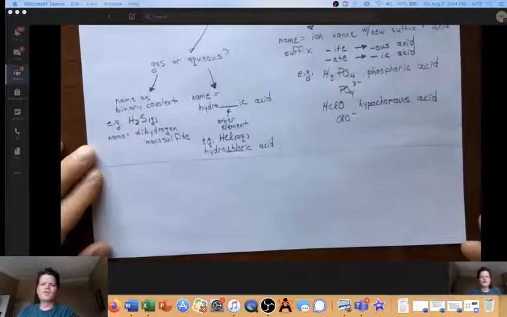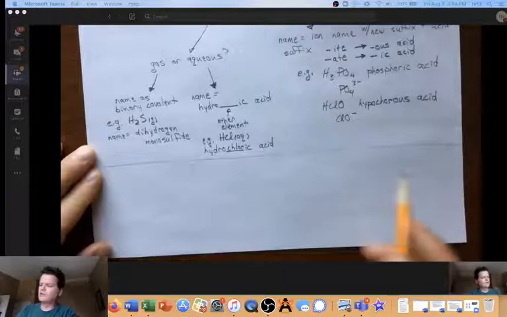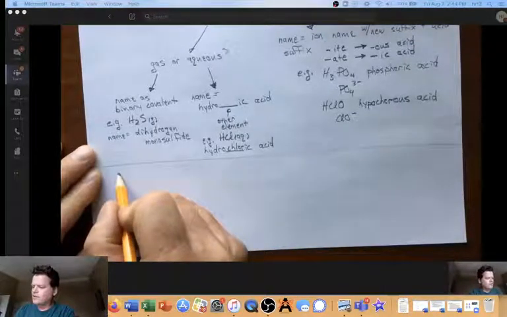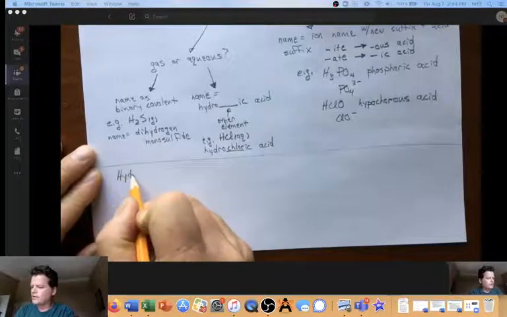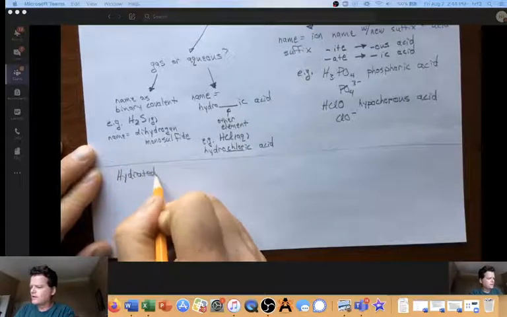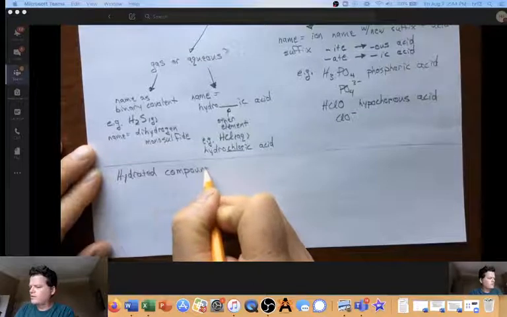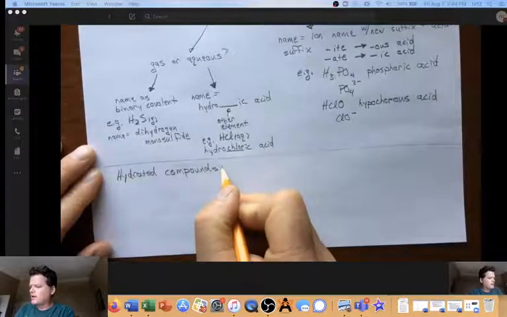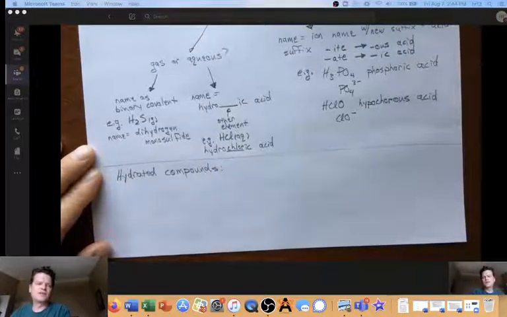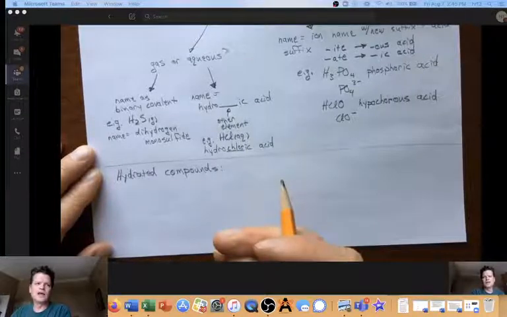Let me do one last addendum, though, on nomenclature, and that's the nomenclature of hydrated compounds. Hydrated compounds are just compounds that have a specific number of water molecules that accompany them in their crystal structure.